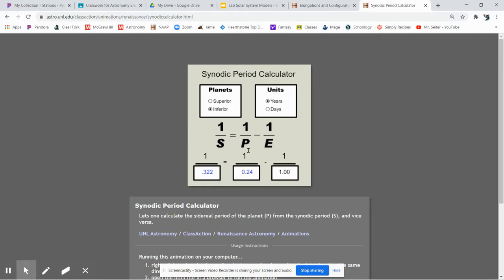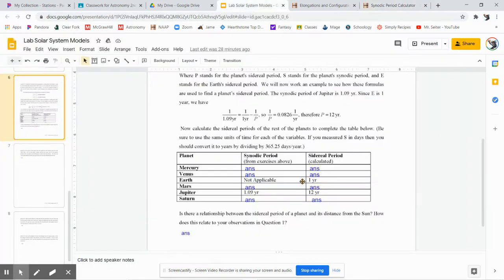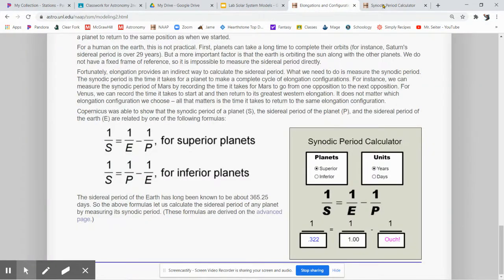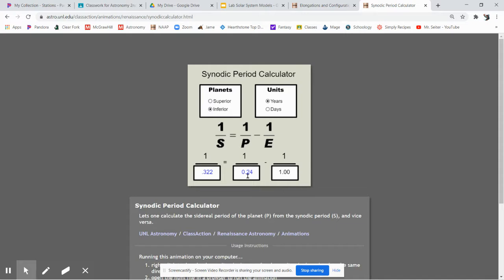Okay, and we can see that, let me get to the right page here on my lab. So Mercury, synodic period 0.322, and the sidereal period is 0.24 years.